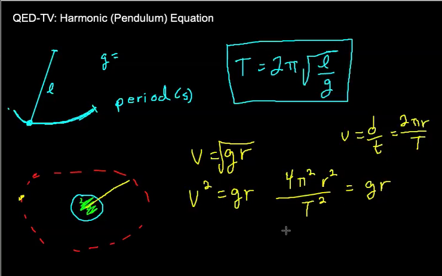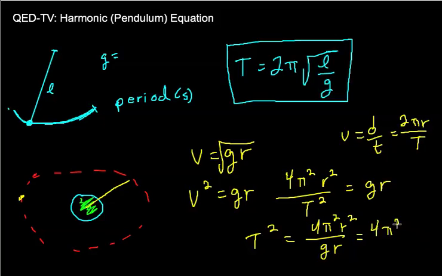And if I put T squared on its own side by itself, I'll get T squared equals 4 pi squared r squared over gr. And you'll see that an r will cancel out. And so I will get 4 pi squared r over g.